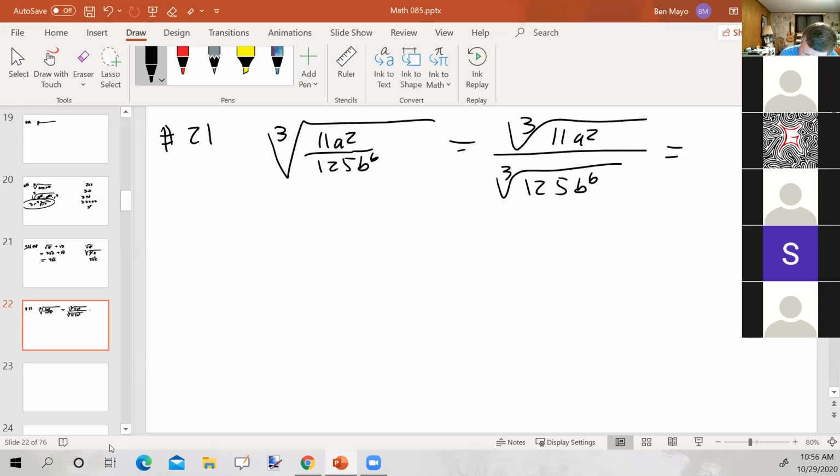Now, in the numerator, I can't do anything with 11, and a squared, the exponent is smaller than a 2 or smaller than a 3, so I can't do anything there. But in the denominator, what's the cube root of 125? Five. What's the cube root of b to the 6th? B to the second. And there you go.